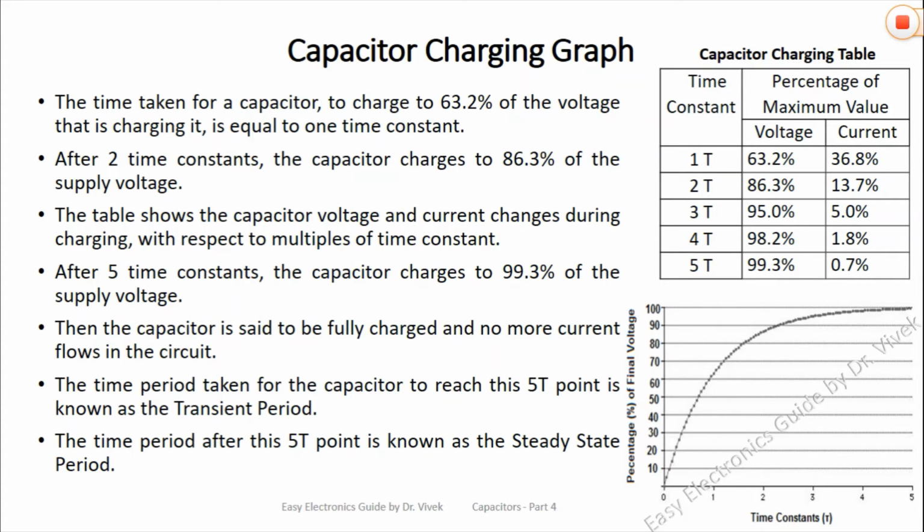After 5 time constants, the capacitor charges to 99.3% of the supply voltage. Then the capacitor is said to be fully charged and no more current flows into the circuit. The time period taken for the capacitor to reach this point is known as the transient period. The time period after this is known as the steady state period.